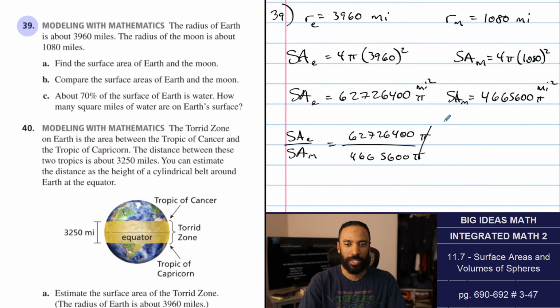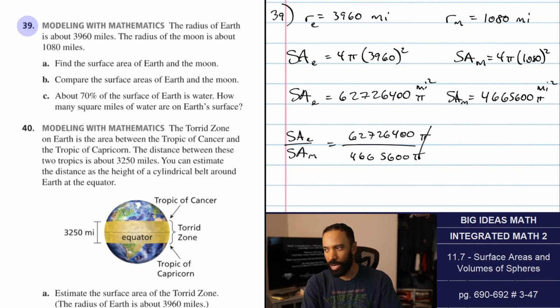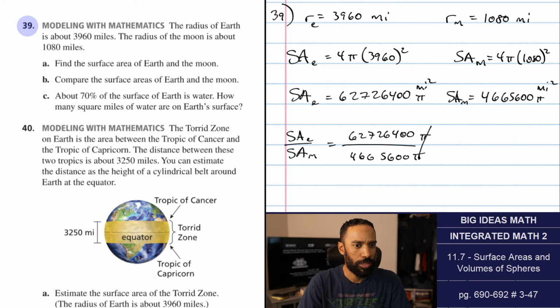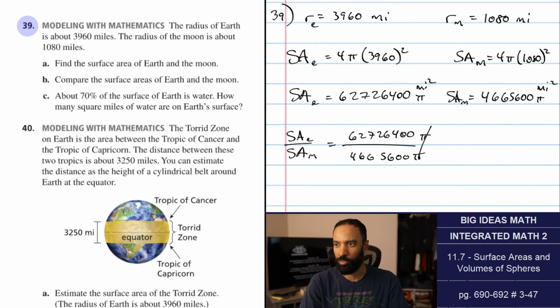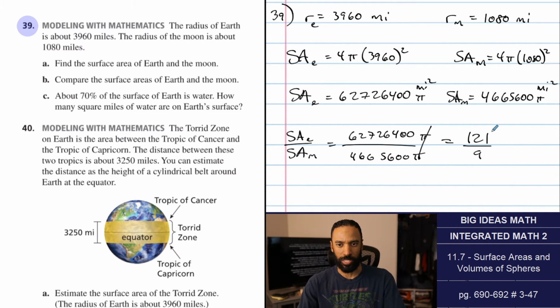Pi's will cancel, and let's see what that number works out to be. 6272640 divided by 4665600, and I'm getting 13.4 repeating. That should be 13 4/9, which should be 121 over 9. Let me see if that's right. So it equals 121 over 9 exactly as far as a ratio goes.